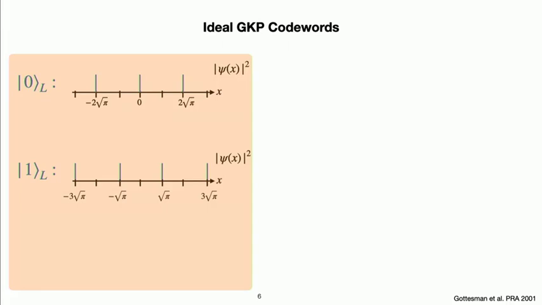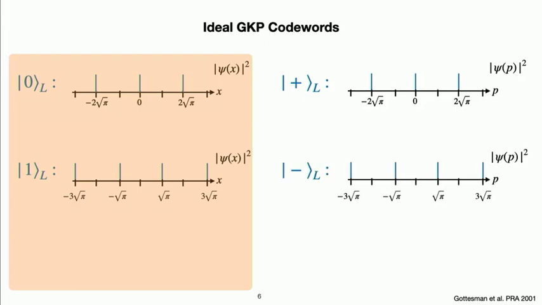Your plus-minus basis is defined in the momentum basis. So given you have even multiples of root pi as your momentum, the superposition of those states would be your plus logical state. The minus logical would be, similarly, the odd multiples of root pi momentum values. So now I've defined my 0-1 basis and the plus-minus basis.